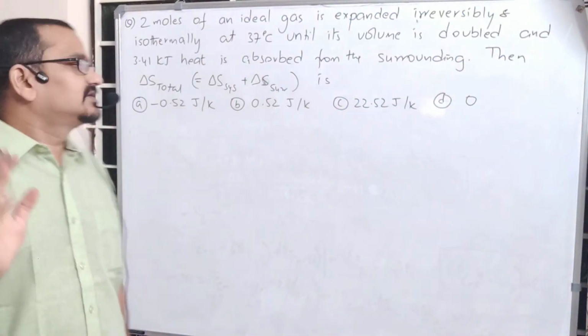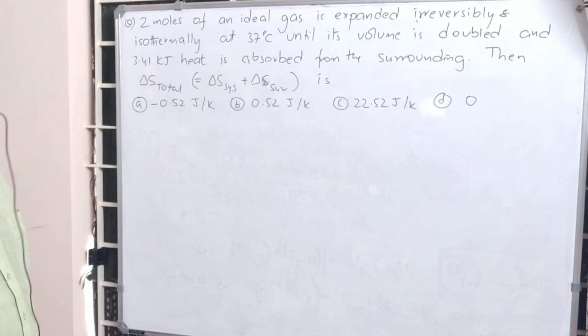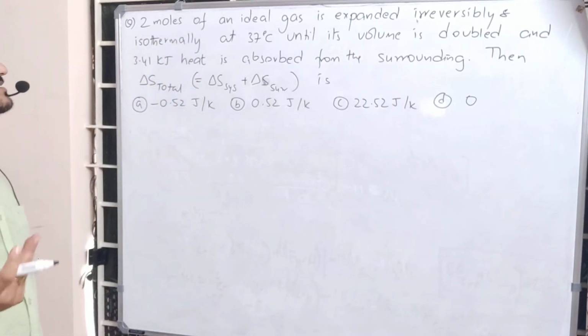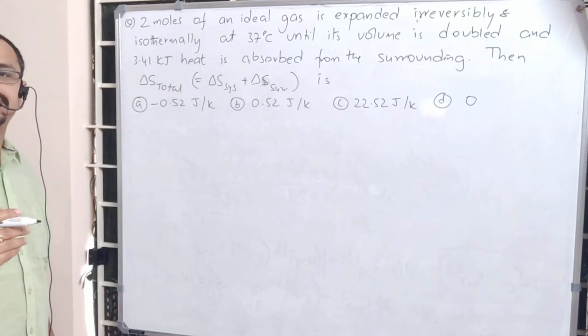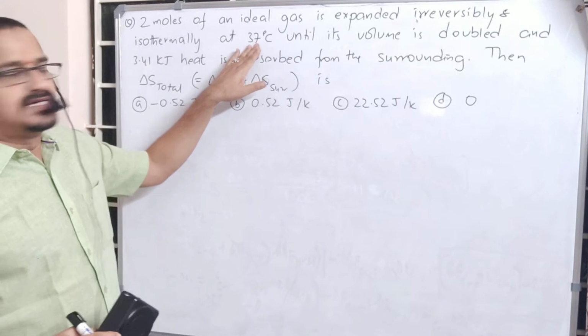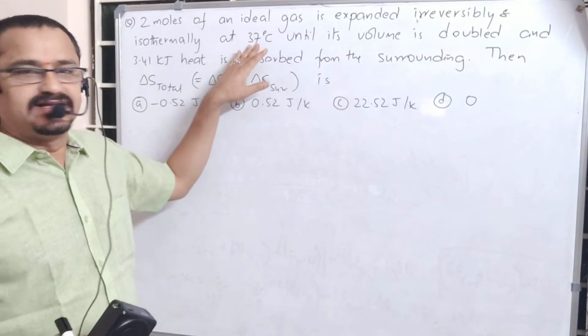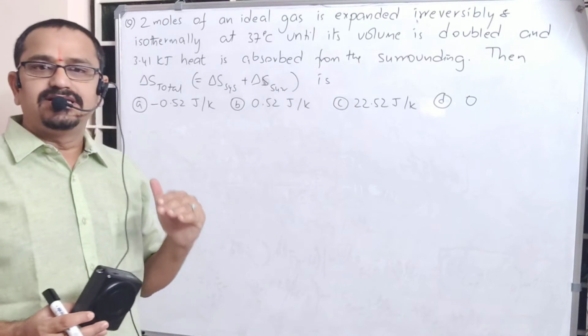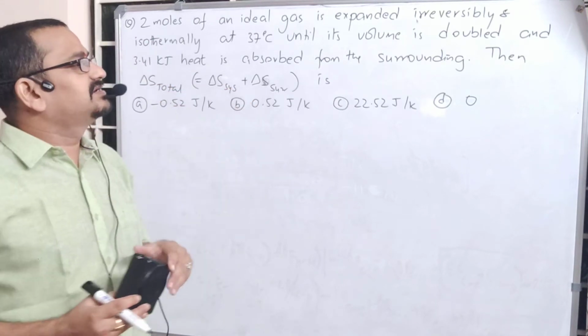So this is another question from thermochemistry. Let us see: 2 moles of an ideal gas is expanded irreversibly and isothermally. Constant temperature is maintained at 37 degrees Celsius, which means 310 Kelvin, until its volume is doubled. So V1 is doubled to 2V1, right?